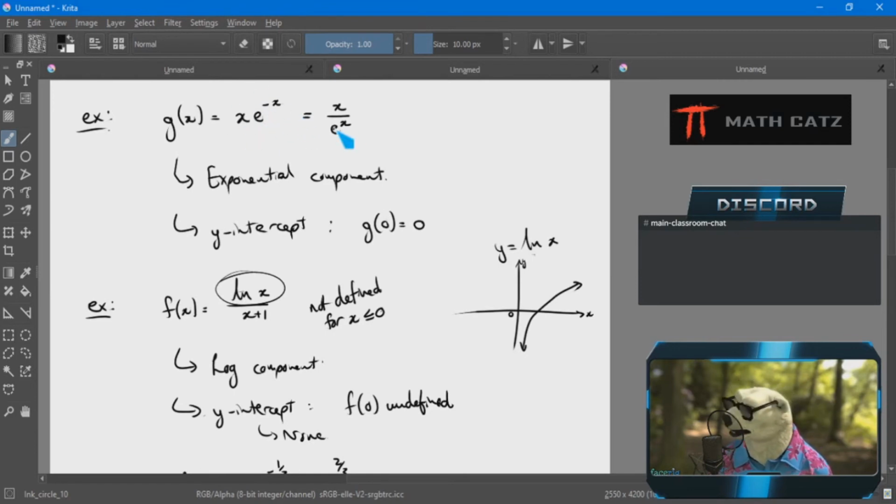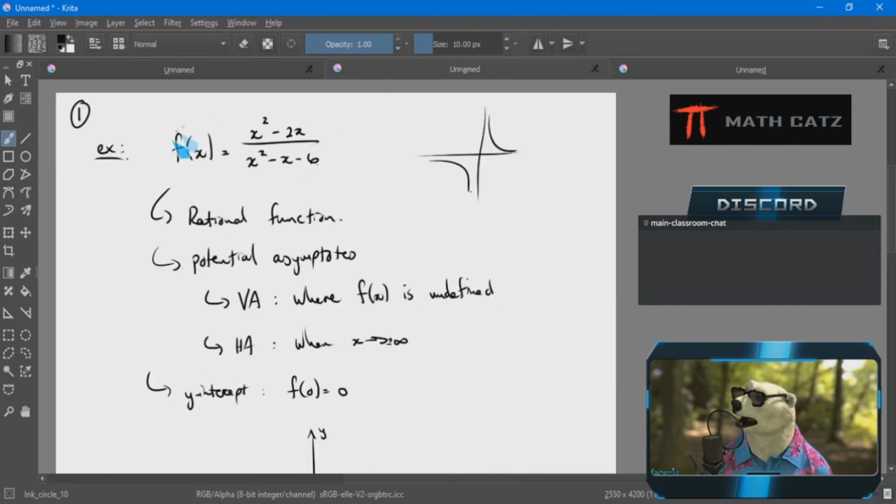I rewrite it to look nicer. Because then, similar to here, if I see a rational function, if I see a function with a numerator and a denominator, I immediately wonder about vertical asymptotes, right? Because dividing by 0 is going to create that in general.